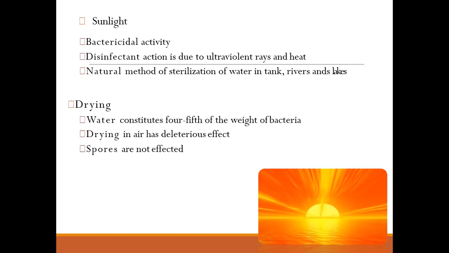Drying in air has a deleterious effect, but spores are not affected. It is all about sunlight and drying. We are describing this in the slide, and also seeing a picture of the sun rising. It's a very attractive picture.